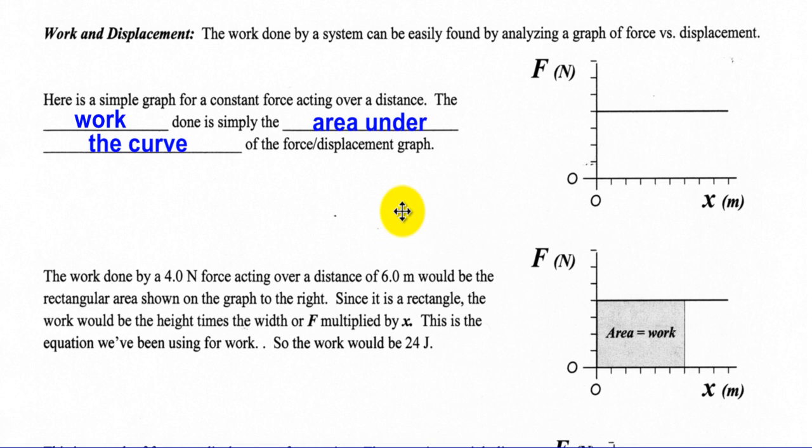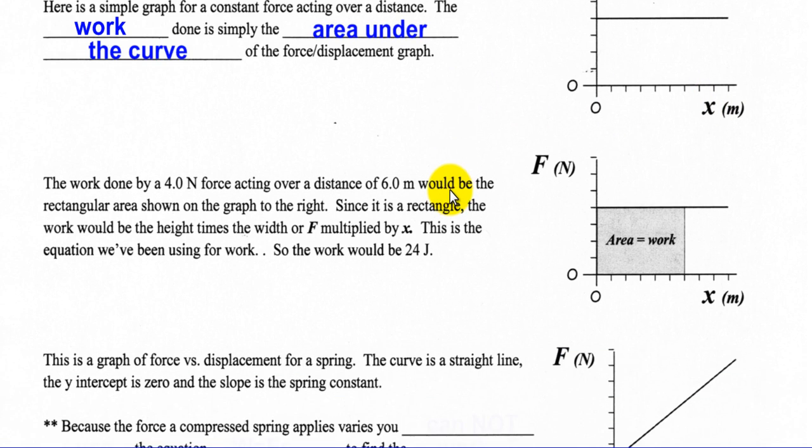If you can find the area under a force versus change in position graph, then that is going to be equal to the work, which really, if you think about it, is force times distance. Well, the y-axis is the force and the x-axis is the distance, so it's pretty easy to make that connection there.